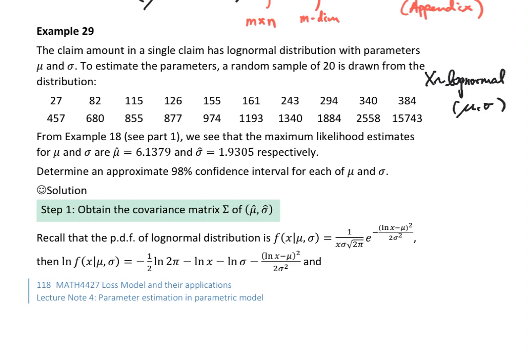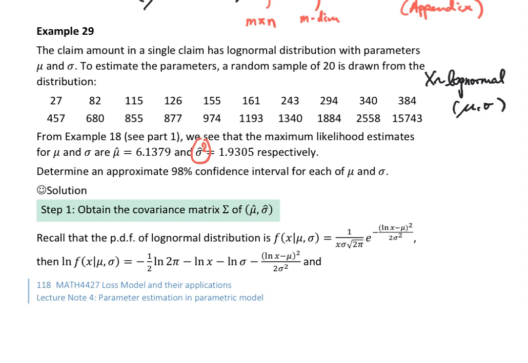Using the maximum likelihood method, we find that the maximum likelihood estimates are mu equal to 6.1379 and sigma square, I made a typo here, equal to 1.9305, which is the result that I recalled from example 18.